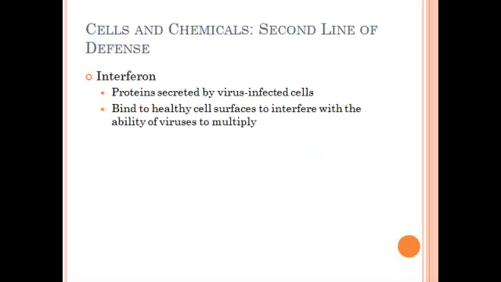We also have interferons, and these are proteins that are produced by cells infected by viruses. When viruses attack a cell, they attach to the outside of that cell, and then they send their DNA inside, and that DNA or RNA, depending on the type of virus, is going to take over that cell, and that cell becomes a virus-producing factory.